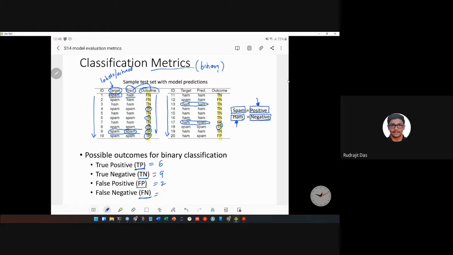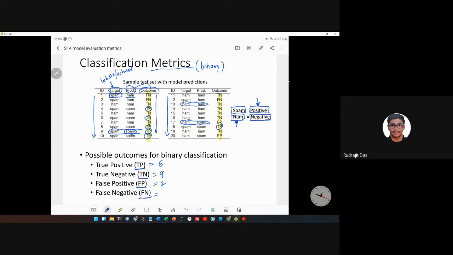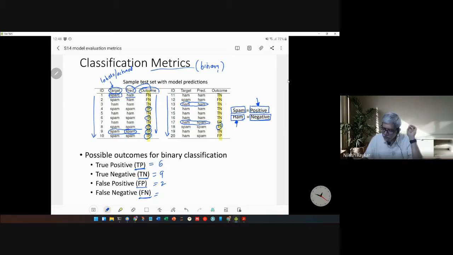Sorry, two. There are two, no? So this is the first false positive, and this is the second false positive. So there are two, and false negatives are the remaining. So total 20 samples. So three are the false negatives. 15 plus 5, 20. Yeah.